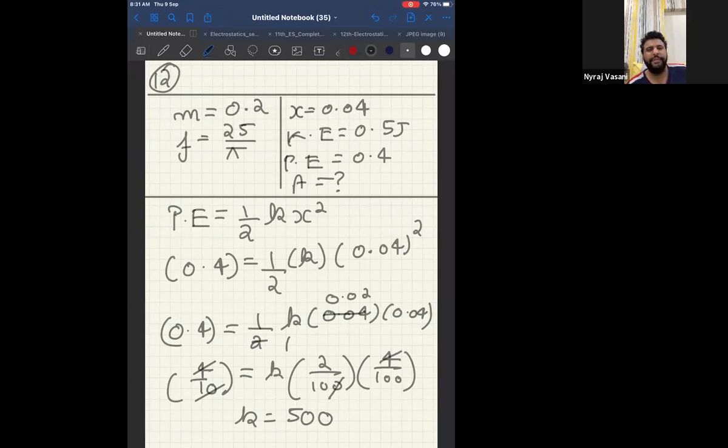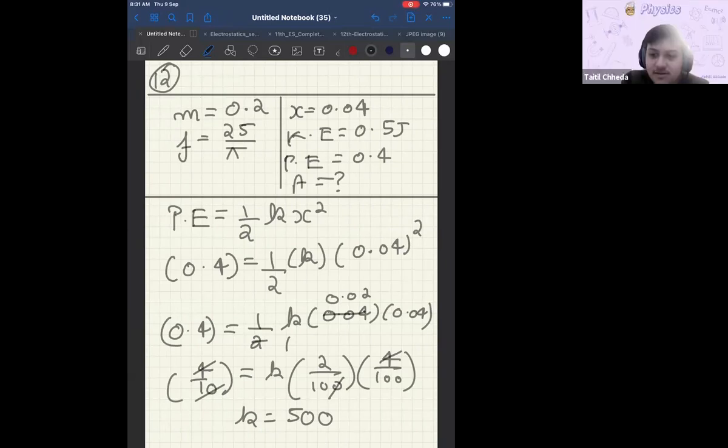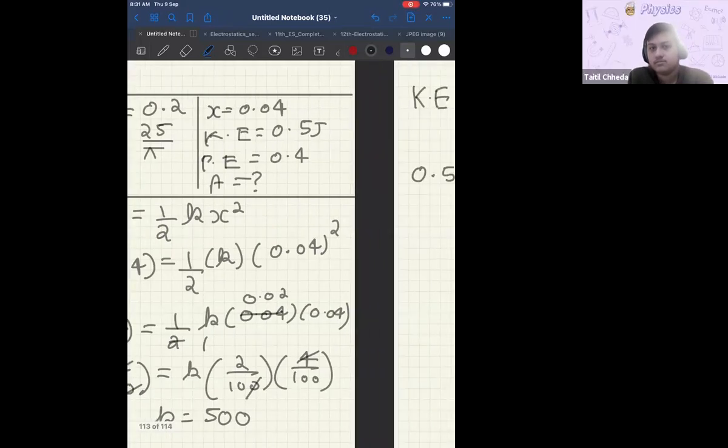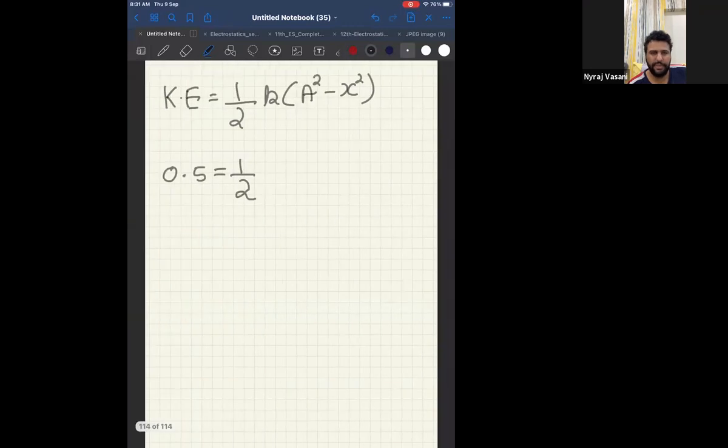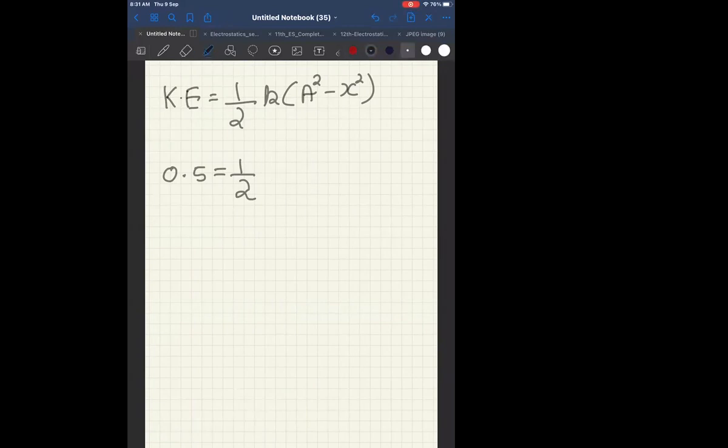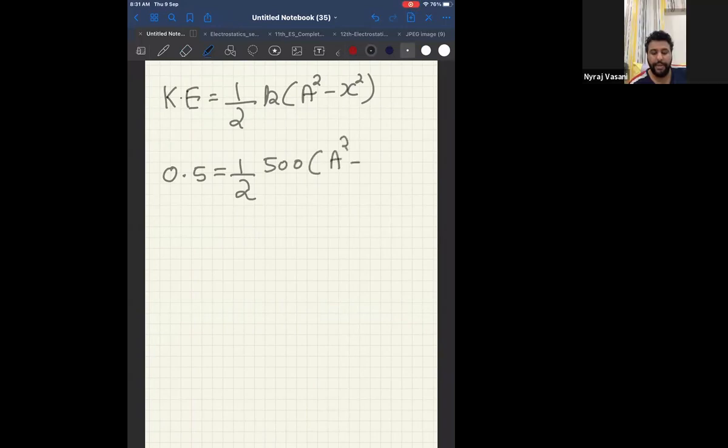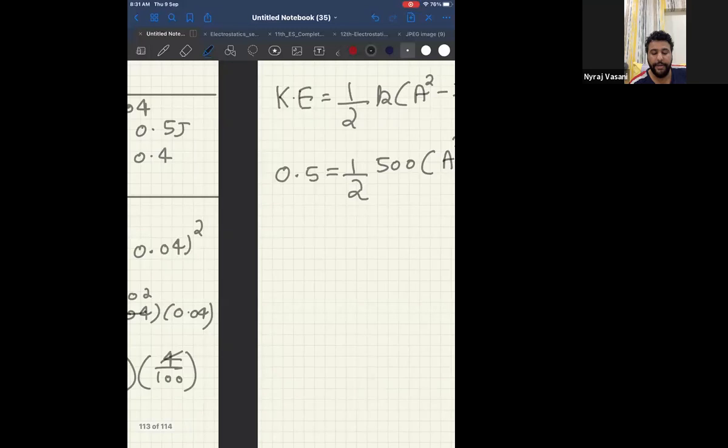You can. We just need the amplitude. Okay, I'll show both the methods. It is half k, k you know, 500. Half into 500 into a square minus x square is 0.04.